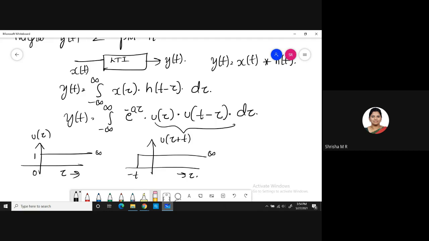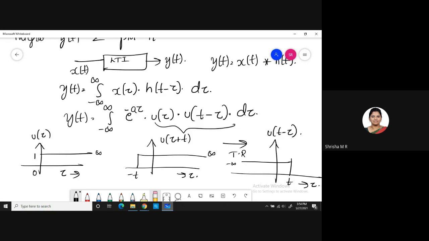Got it? Now you time reverse this. You have to know shifting and all well, that is the basics. If you take the time reversal of this, your signal will exist from minus infinity to t. This is u of t minus tau. Got it, everyone?